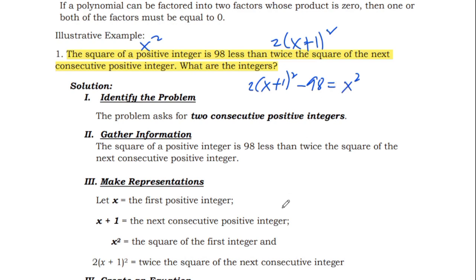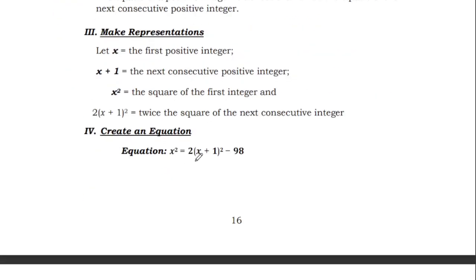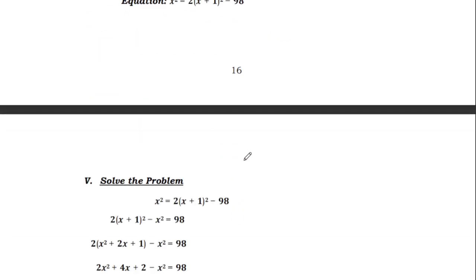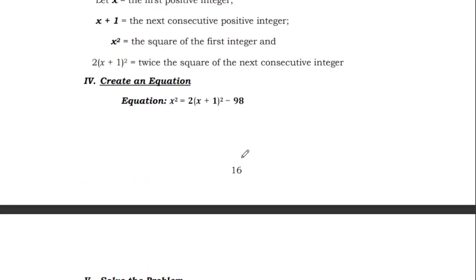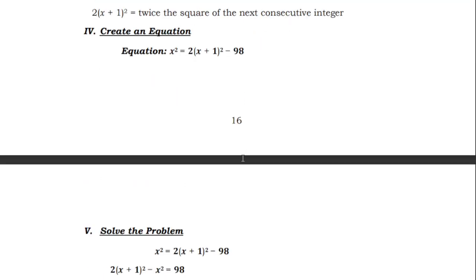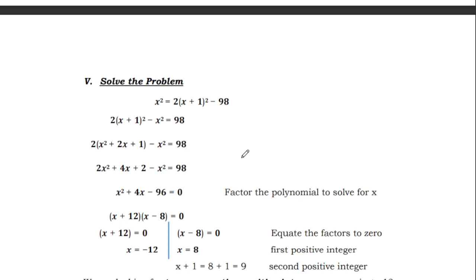Or x squared is equal to twice the square of the next consecutive integer minus 98. After which, we work out how to solve the problem.